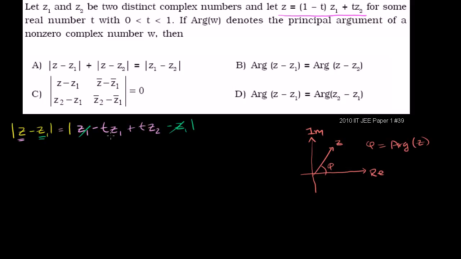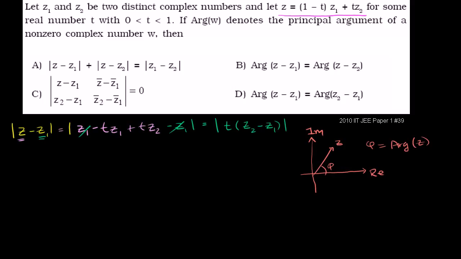We can factor out a t, so this is equal to the magnitude of t times (z2 minus z1). So that is the magnitude of z minus z1, this first term over here.